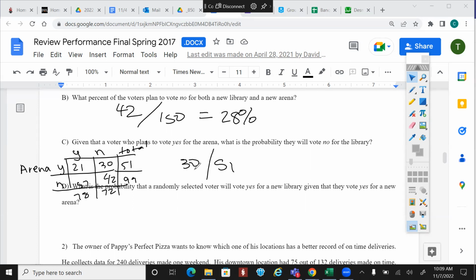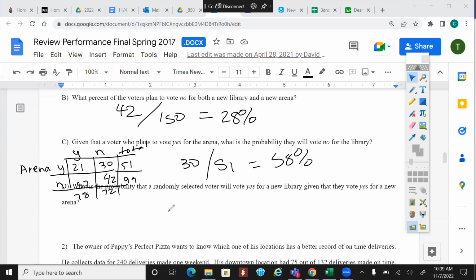Out of 51, 30 voted for it. So it's 58%. You can. So if you gave me like 59% instead, that's okay.